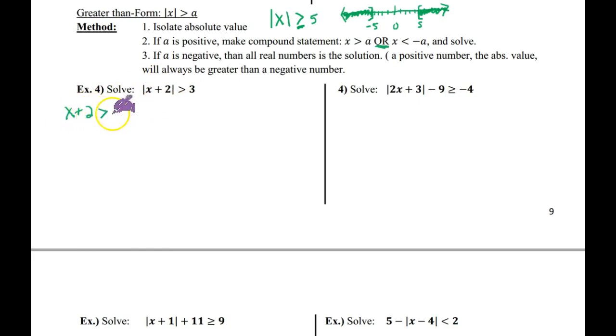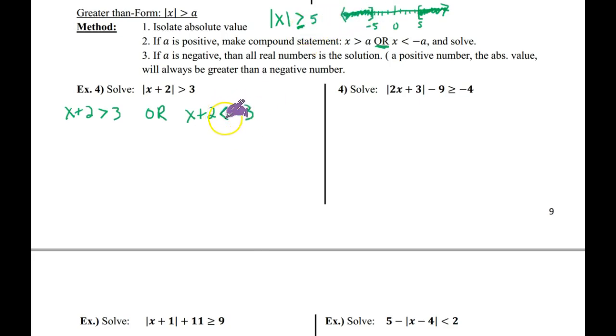And then what's inside the absolute value could be all the distances greater than 3, right? So that'd be 3 going up forever. Or what's inside the absolute value could be all the distances less than negative 3, right? So we had our positive and then our negative, and it's going to be everything less. It's going left, it's going down.